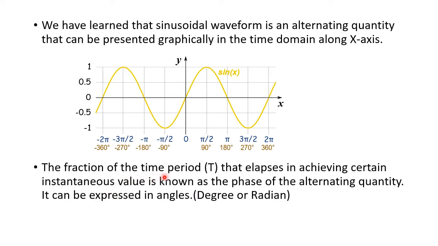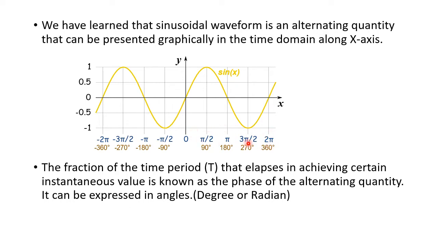The fraction of the time period that elapses in achieving a certain instantaneous value is known as the phase of an alternating quantity. It can be expressed in angles. So these are the phase of the alternating quantity. Normally it can be expressed in two ways: pi by 2, pi, 3 pi by 2, 2 pi.